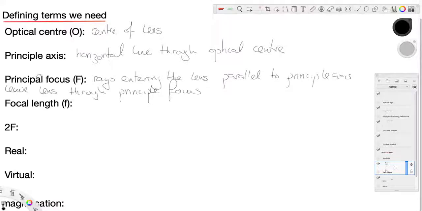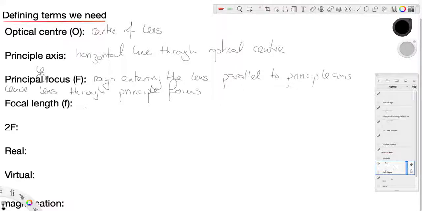And this should be LE. Principal focus. And vice versa. Rays which enter through the principal focus leave parallel. One of those beautiful symmetries in physics.